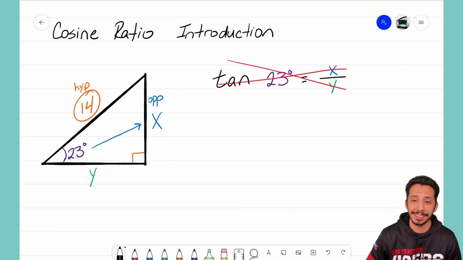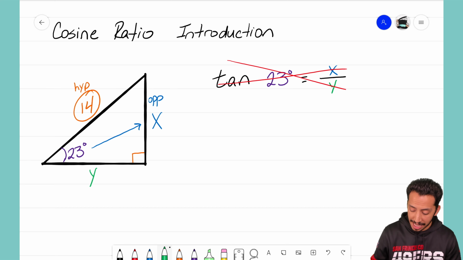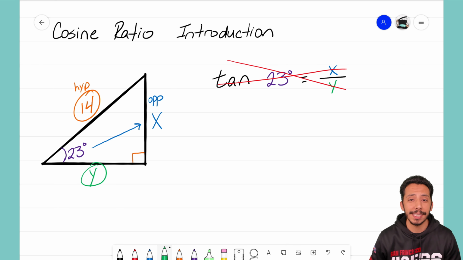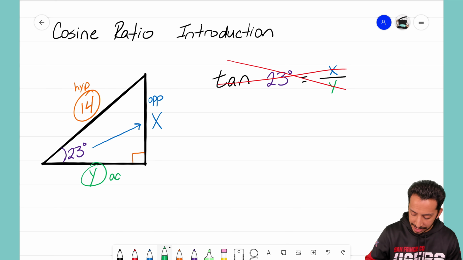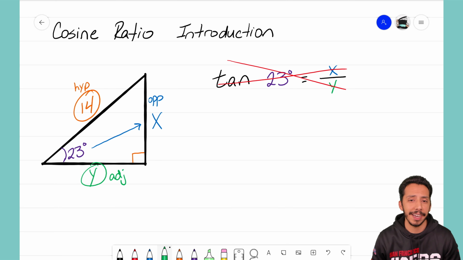Now for cosine, this is the new ratio that I want to introduce. Cosine is going to help us now solve for this third side that we normally would call delta x, but instead now I'm going to refer to this side as the adjacent side.